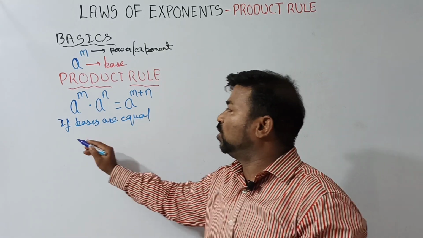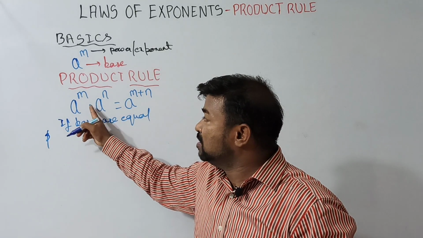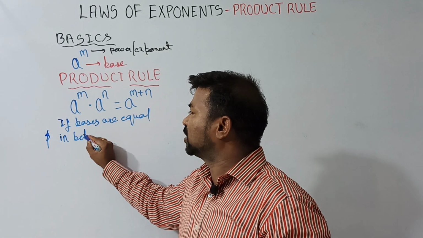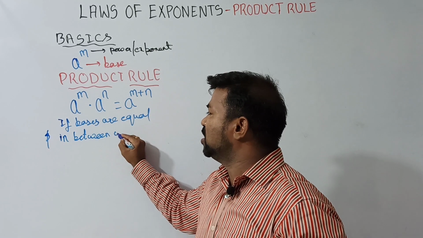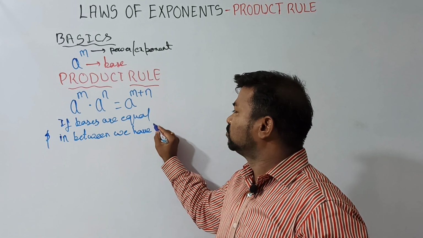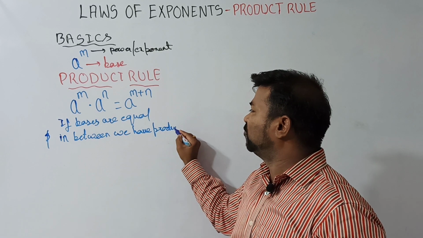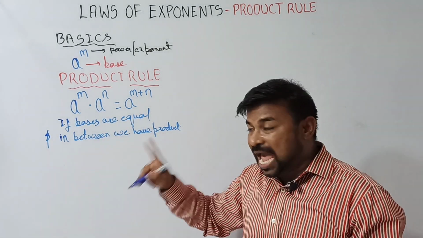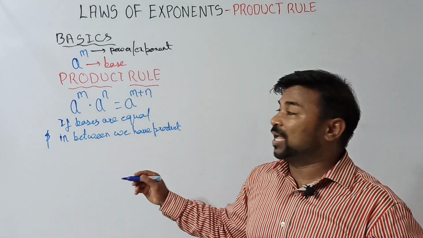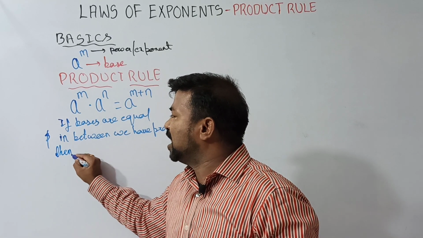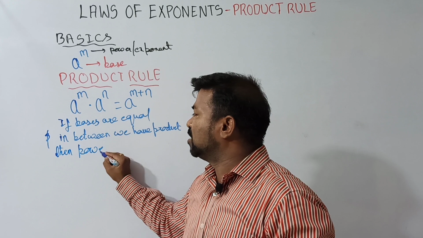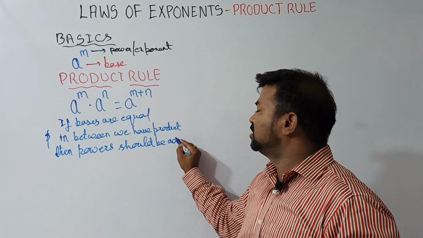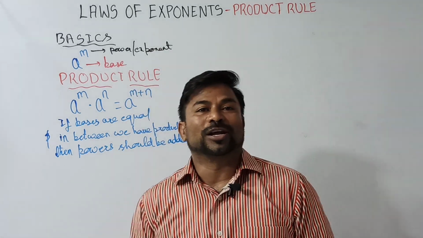If bases are equal, and in between we have a product, which means multiplication, then powers should be added. This is the verbal form of the product rule.